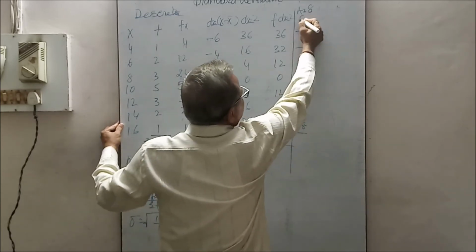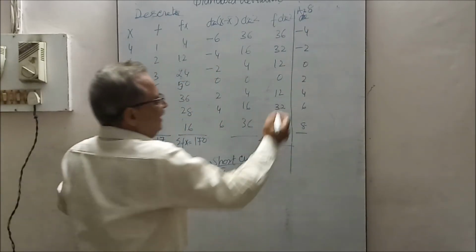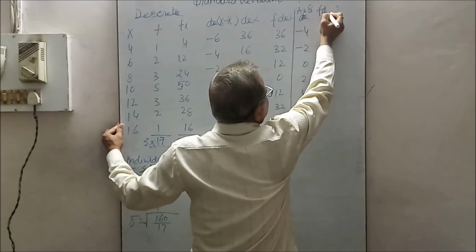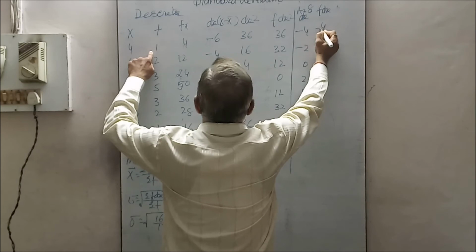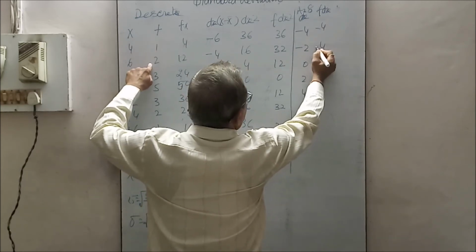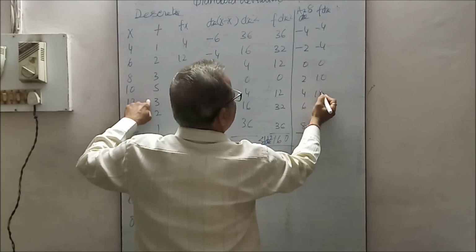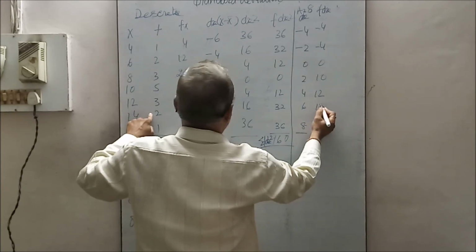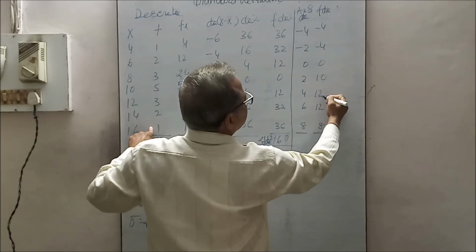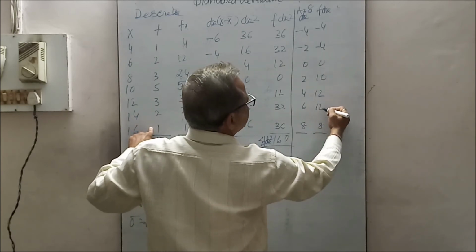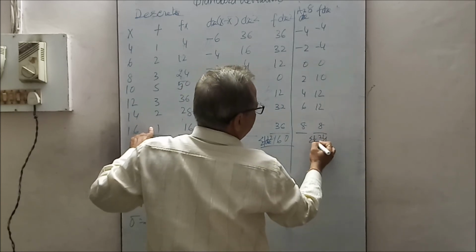This is called dx. And then find f dx: minus 4, minus 4, 0, 10, 12, 12 and 8. The total f dx is 34.